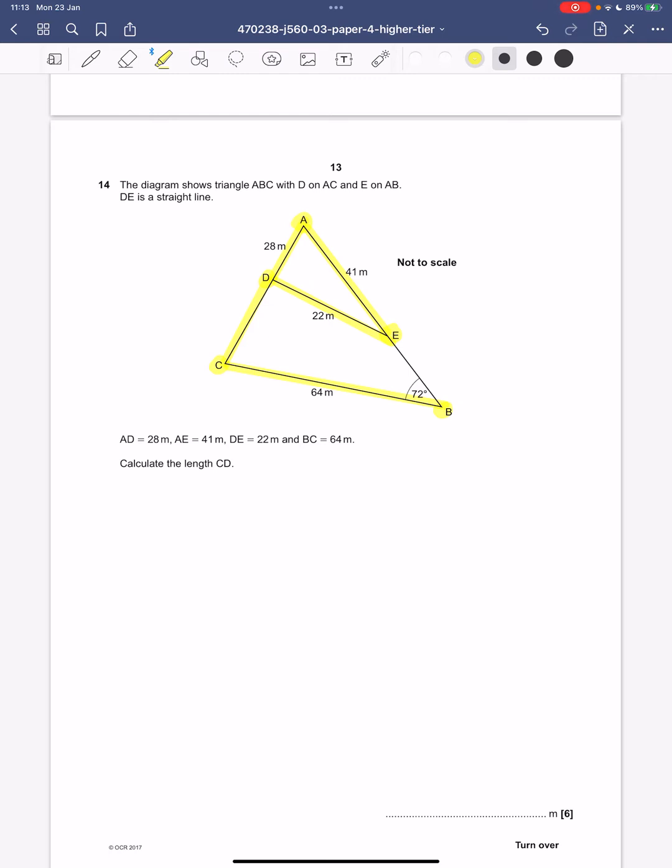Right, I need the length of CD. I've got too much colour in there now, let me rub some of that off. Just thinking how to do this efficiently.